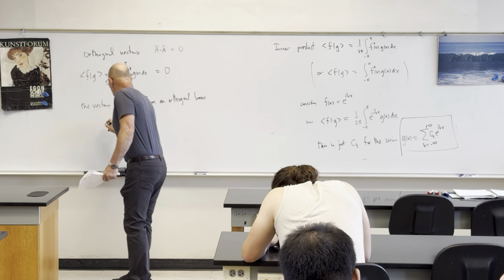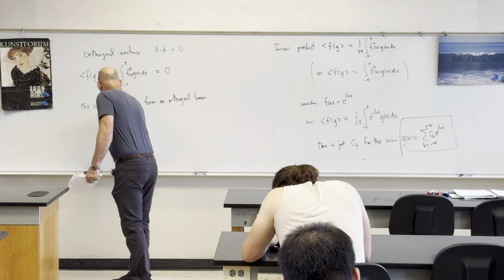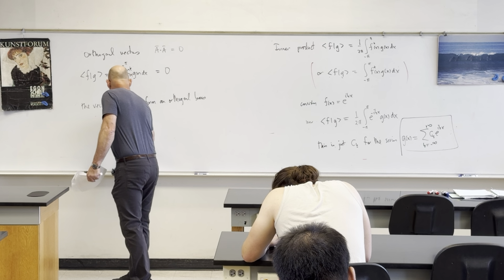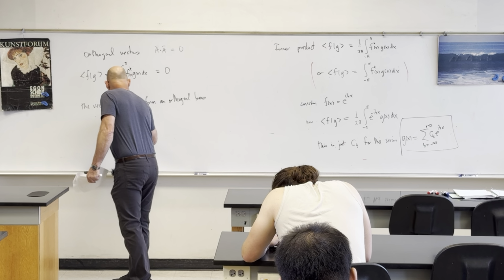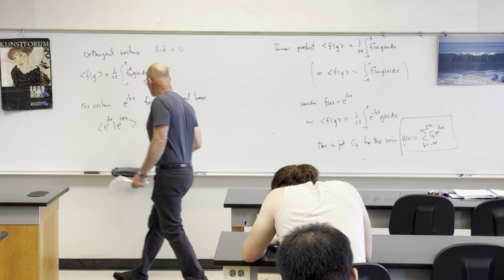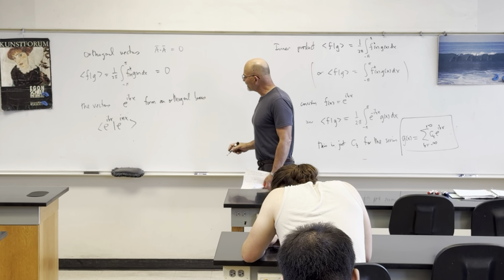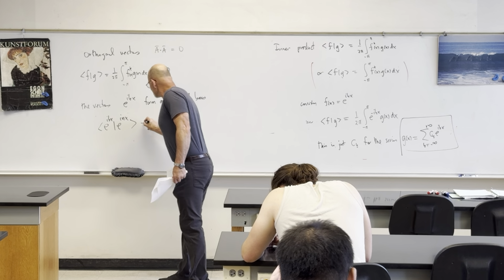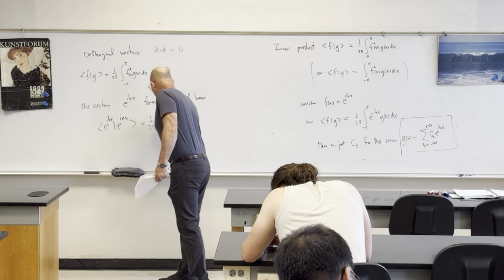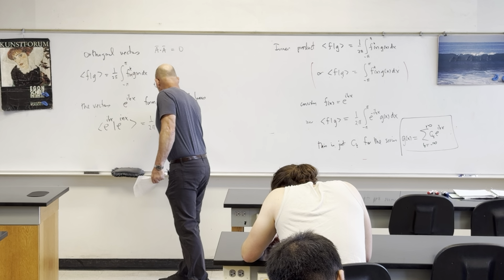because with e to the i kx and e to the i, let's just say nx, we're going to take the scalar product of those two vectors. We've got 1 over 2 pi, integral from minus pi to pi.